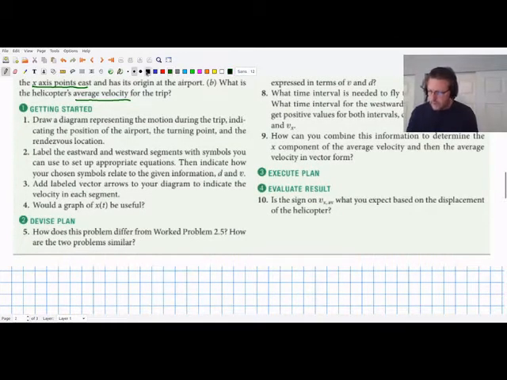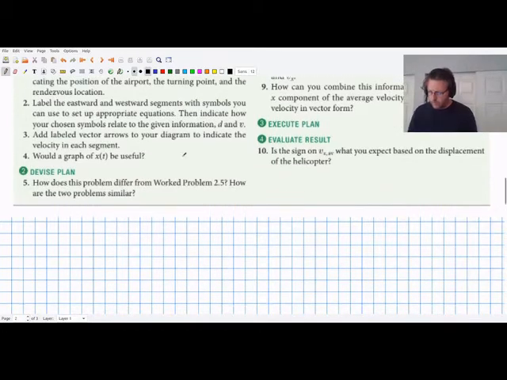I'm going to draw a diagram representing the motion during the trip. So we've got the airport right here. We've got the location where the helicopter turns around after realizing they tragically went the wrong direction. So that's over here to the east. Let me draw a dotted line showing the trip.